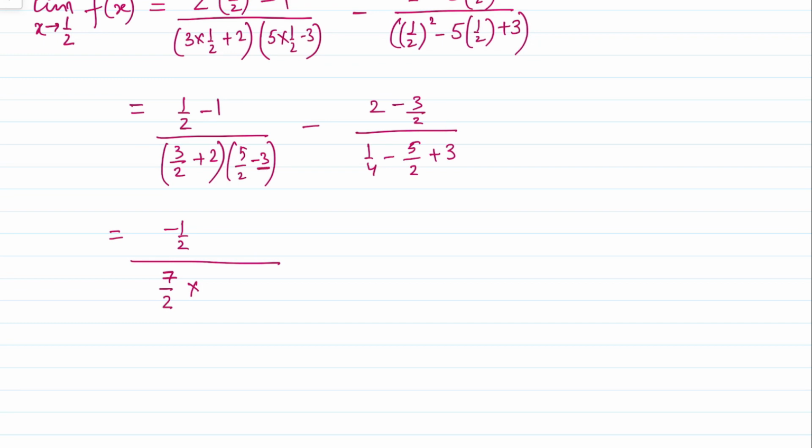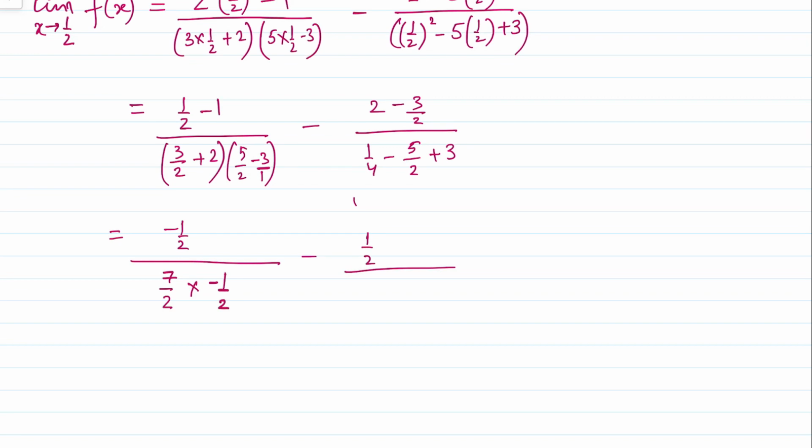If you do minus 1 times 2 on both sides, that will become minus 6, so it will be minus 1 over 2. Then 2 take away 3 over 2 is a half over here.